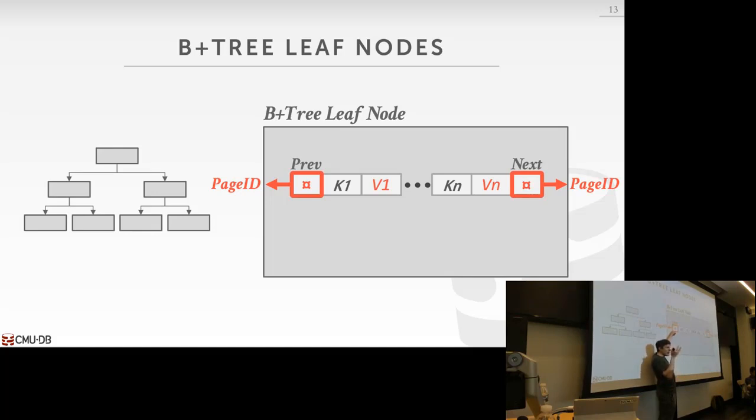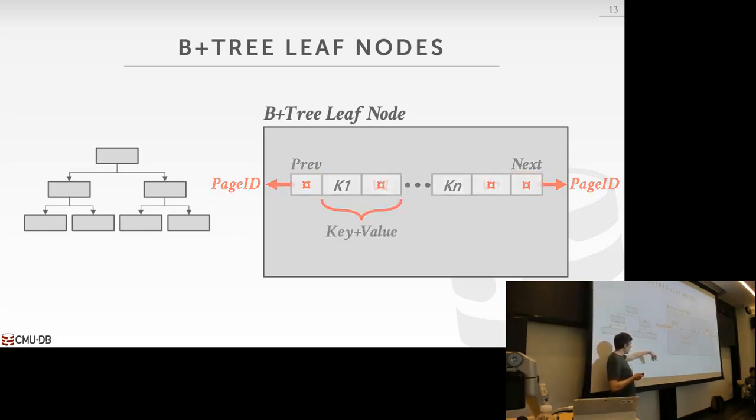This would be a node ID or page ID to allow us to go in either direction. If we're at the right side or the left side of the tree, it would just be null. But nobody actually stores, no real database system would store their internal key value arrays for a B+ tree leaf node like this. These are just key value pairs and these are just pointers.